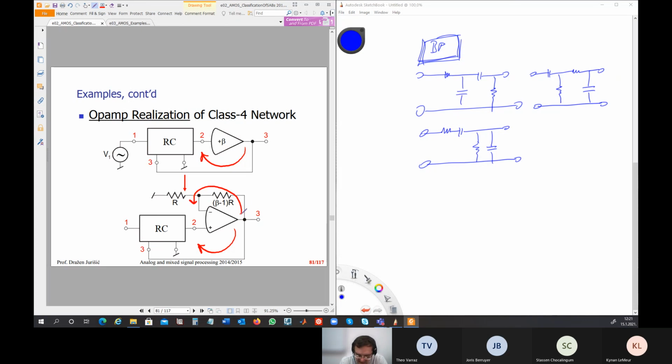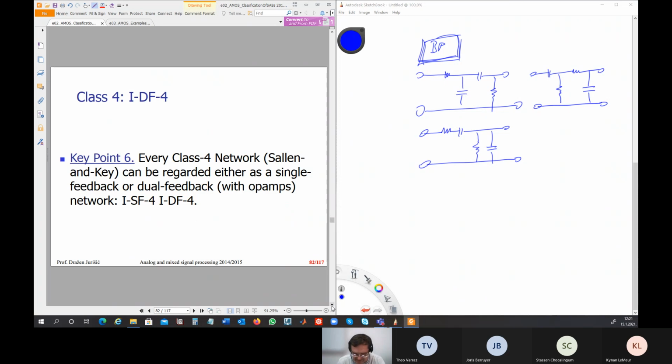So here below are two feedbacks. So the second feedback network is a resistive network, and it's okay. So every class 4 network, because it has this positive gain element, can be regarded as single feedback or double feedback. Here you see two feedbacks. It's very simple. It's not a big deal. Okay.